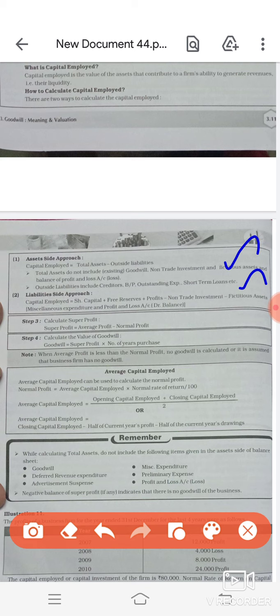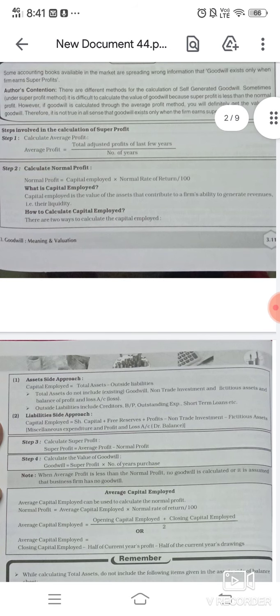If profit and loss account is in the asset side, it indicates the loss. That item is called the fictitious asset. Miscellaneous expenses and profit and loss account debit balance are called the fictitious asset. We have to subtract those items. In this way we find the capital employed.